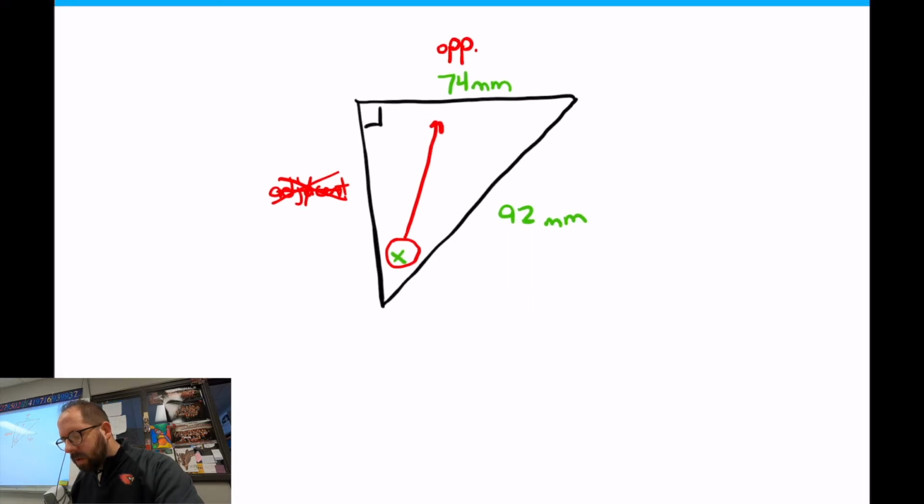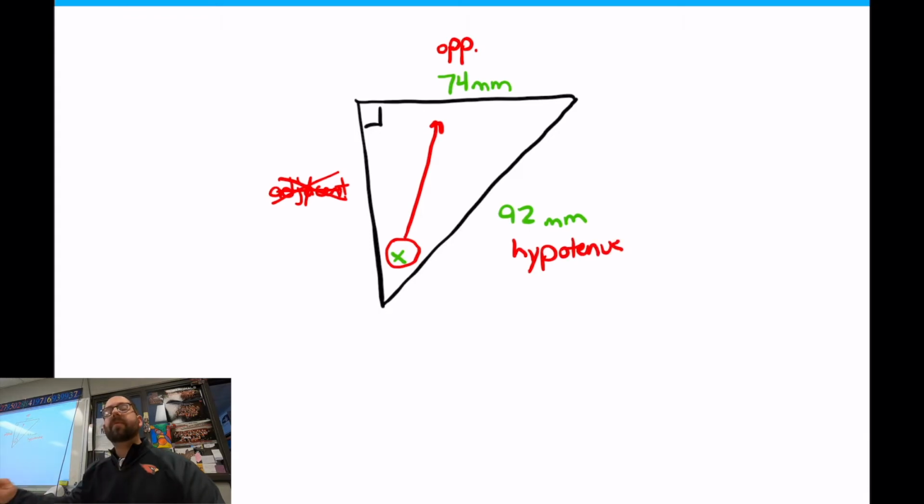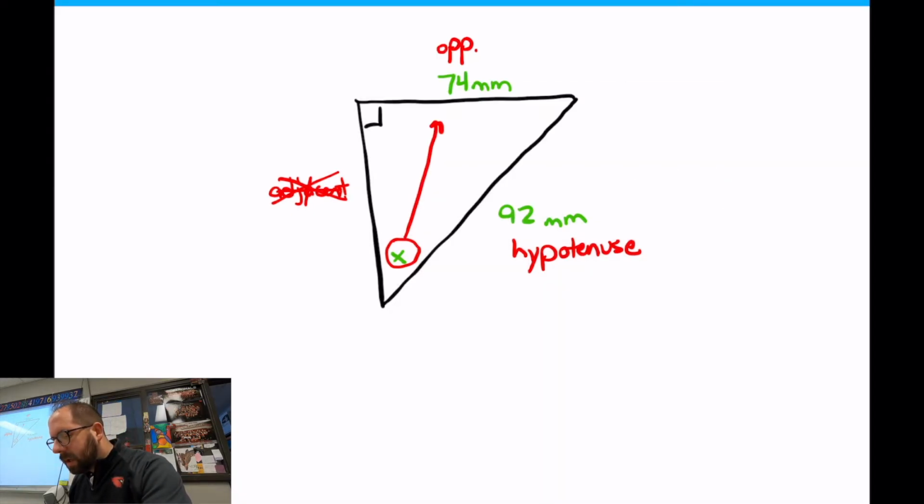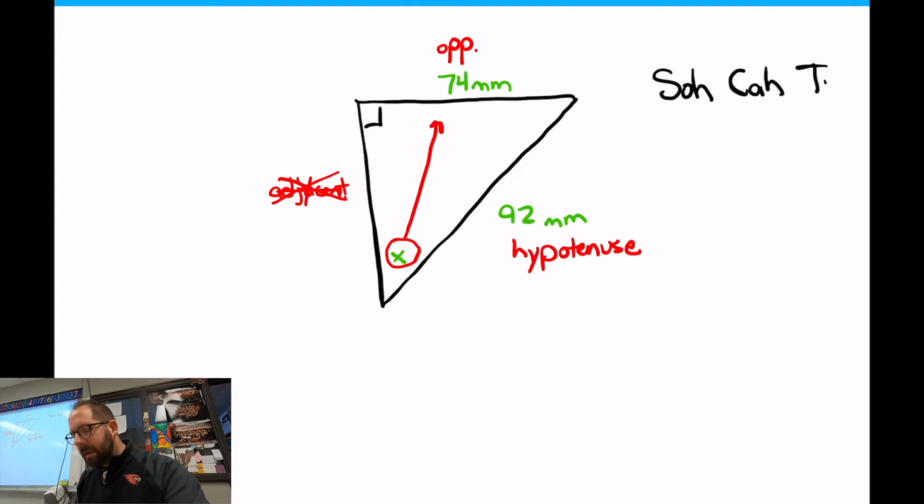So I always like to label, and I do this for every picture, no joke. I do this every single time. That way it tells me which trig function to pick. It's not random. It's not that you're always using sine. You have to label it, and the labels tell you which one to pick. So it's telling you which buttons because of the labeling situation. So when I go back to Sohcahtoa, the ones I'm using here are opposite and hypotenuse, because the adjacents were all thrown out.